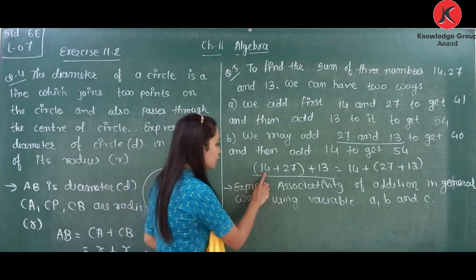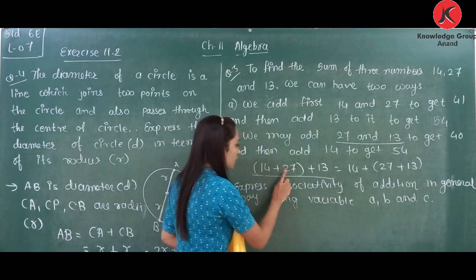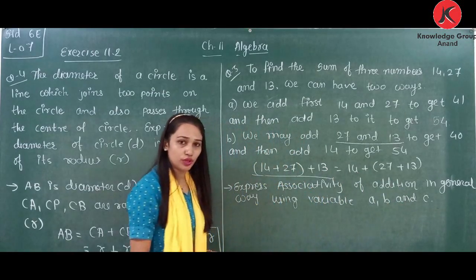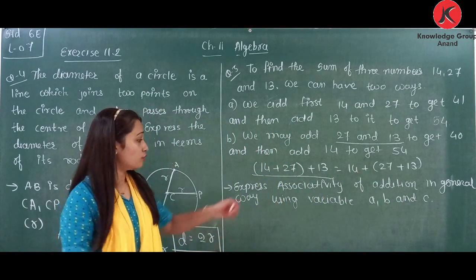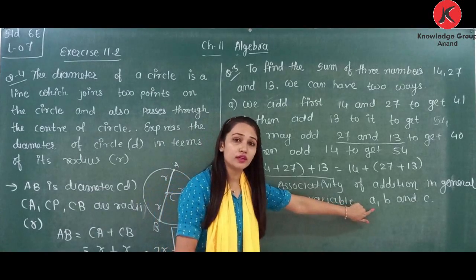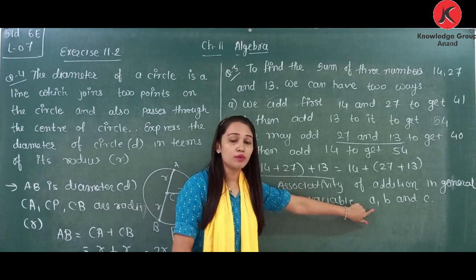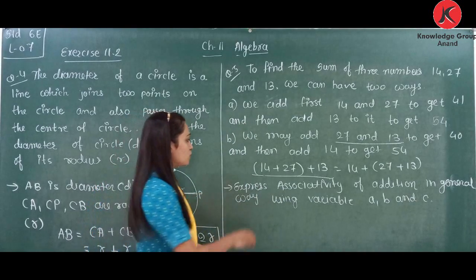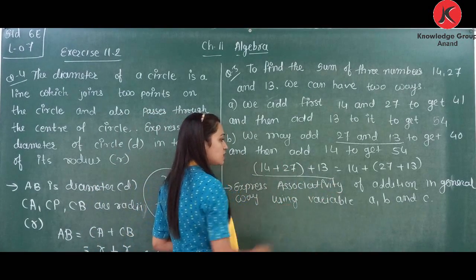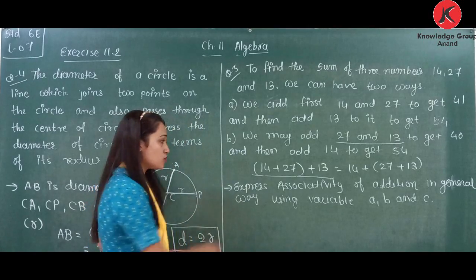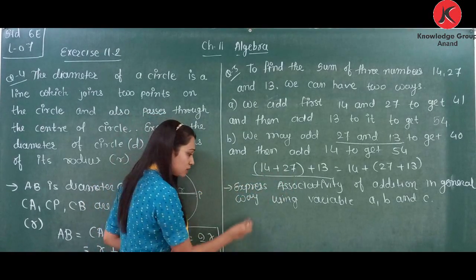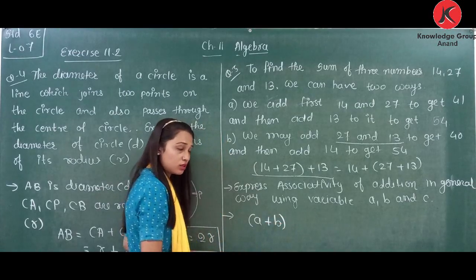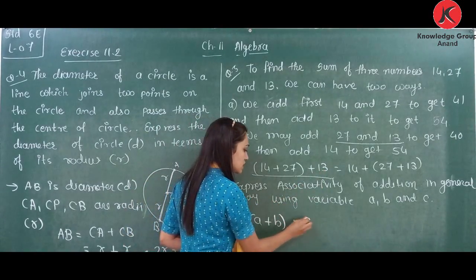So if we consider 14 as a, 27 as b and 13 as c, these are the three numbers. General way means we can represent this generally. Whenever we are using variables, it means it is represented generally for all numbers. So 14 is our a, 27 is b and 13 is c. So first we add a plus b, so that is a plus b, and 13, that is our c.